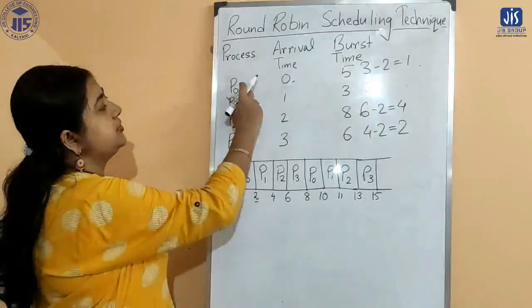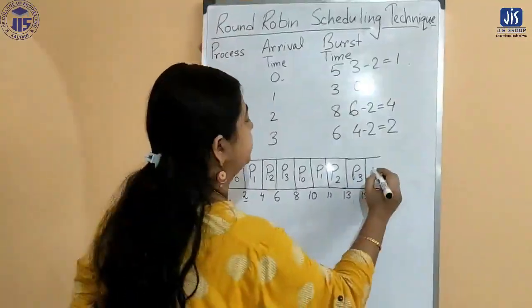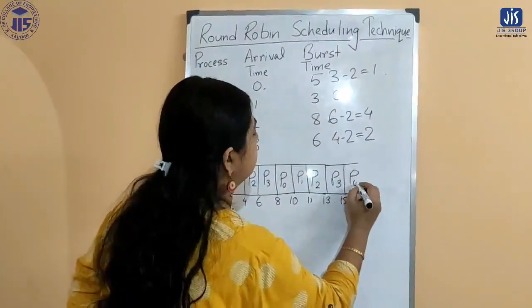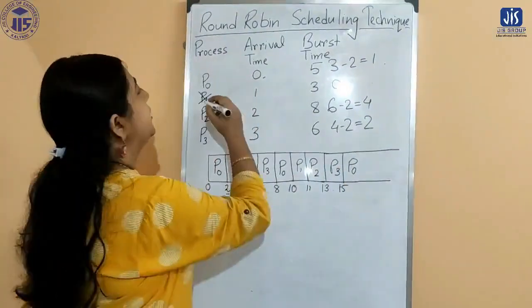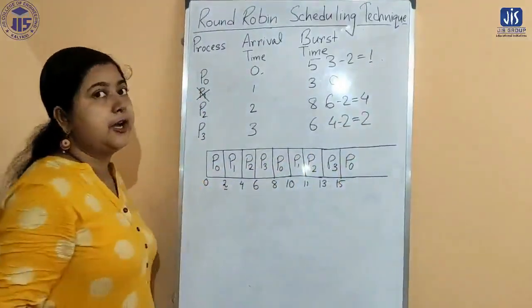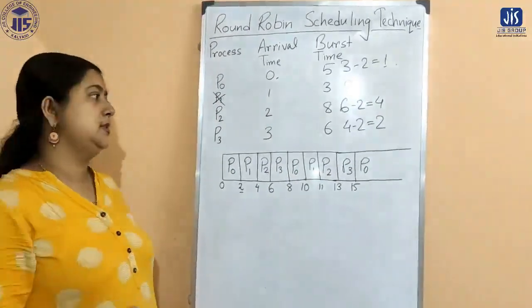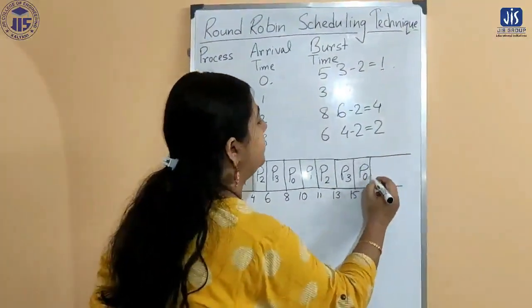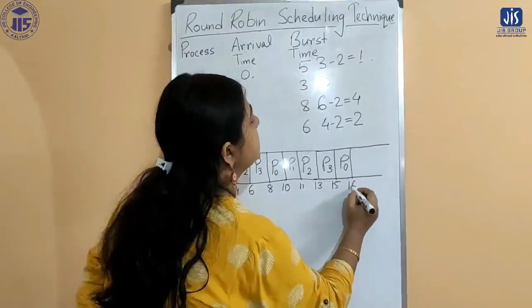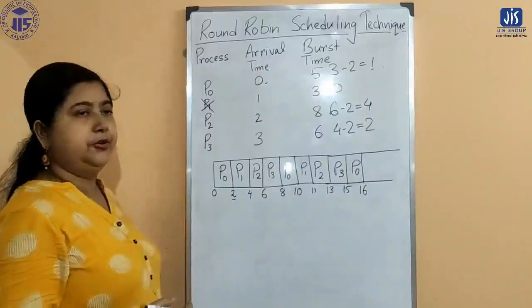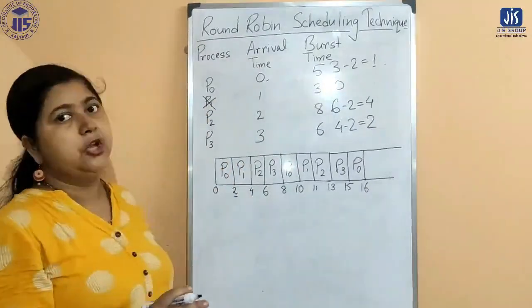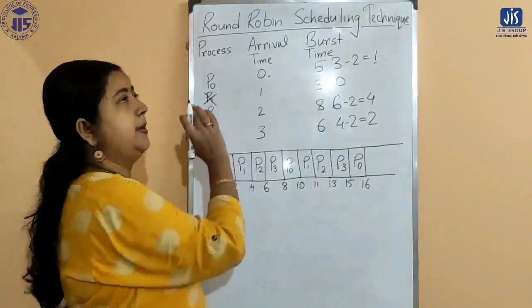Now again we need to start from P0. P0 requires only 1 unit of time, so as per the previous discussion, it will complete at 16. Okay. P1 requires 0, so it is not in my system and we don't need to bother about P1.